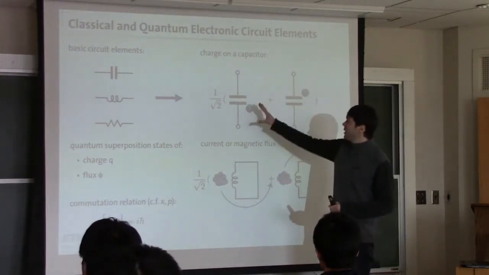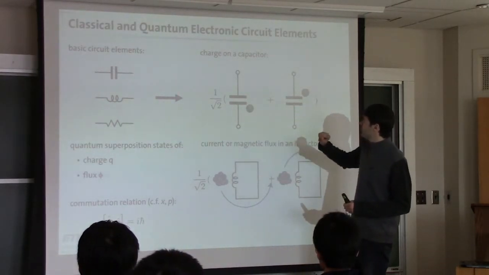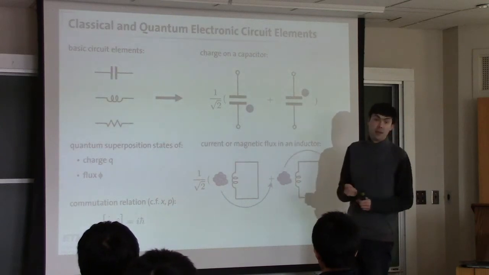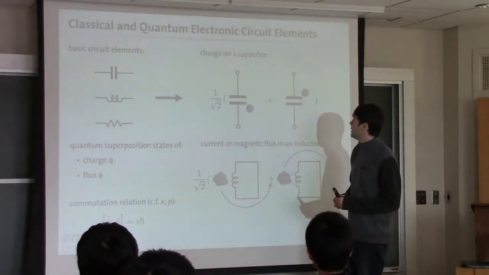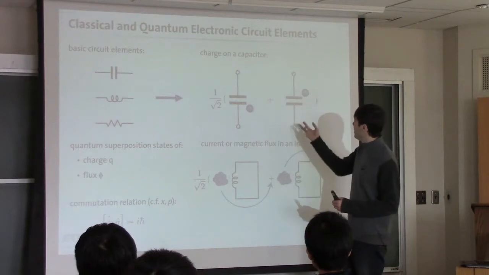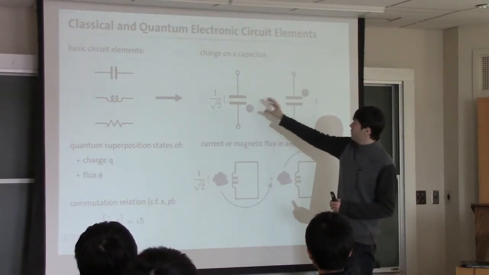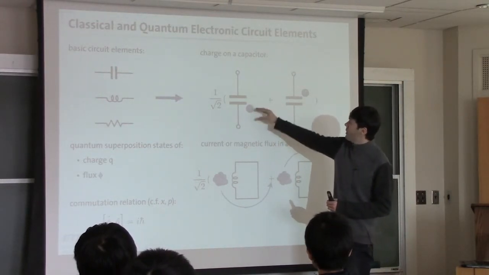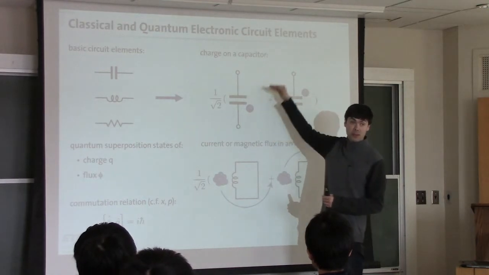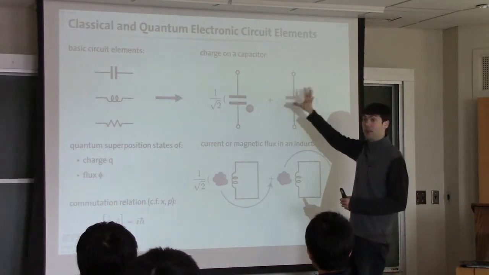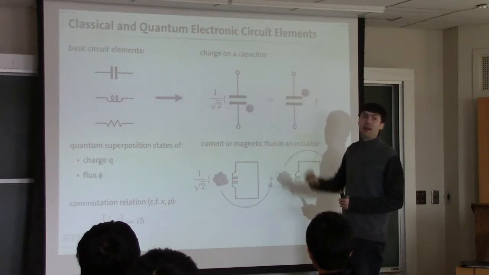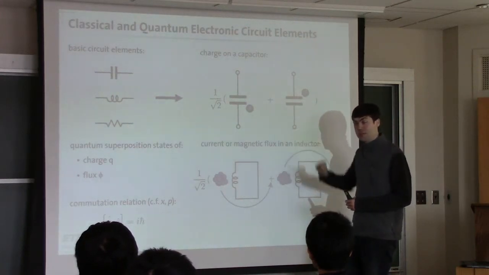So this is the idea here, and there are two different ways you can see coherence. One is a superposition of charge states, shown here by an electron being on the bottom plate of a capacitor and the top plate of a capacitor, and that is going in the direction of charge qubits.